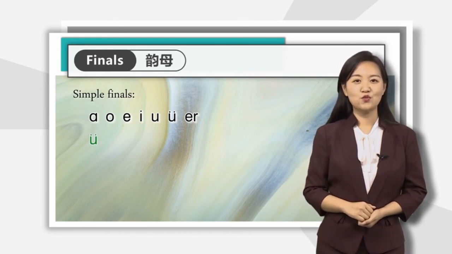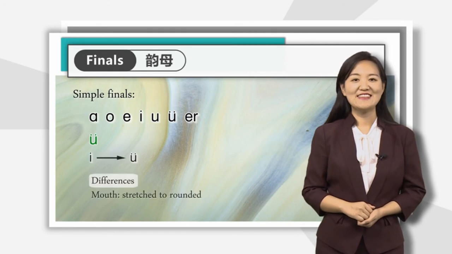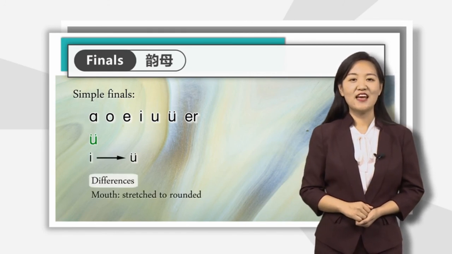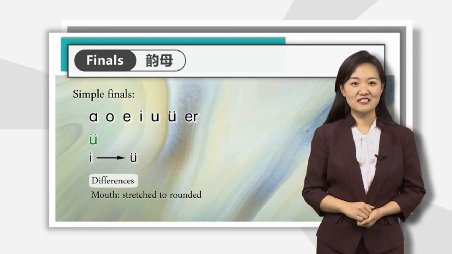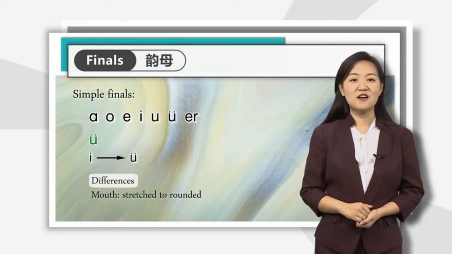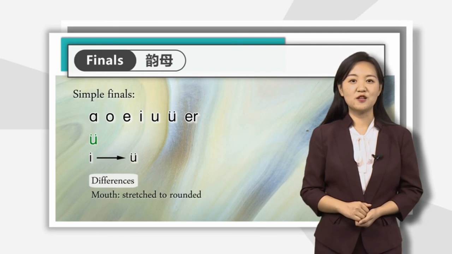Let's do u next. When pronouncing ü, you can pronounce i first, and then let the tongue stay. Just change your lips shape to a very small circle. Look at me. I. Now try with me. I. Ü. Ü. The mouth shape is a little bit like when you're doing whistling.